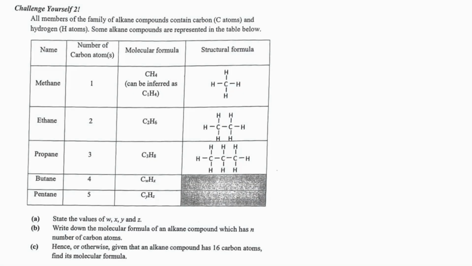Hello everyone, welcome to this challenge yourself problem where we have all members of a family of alkane compounds that contain carbon, which is the C atoms, and hydrogen, which is the H atoms. And this table is to help us to look at some of the compounds. Alright?